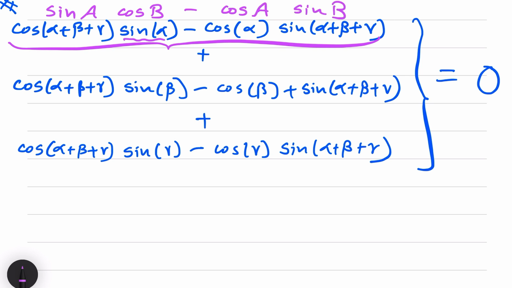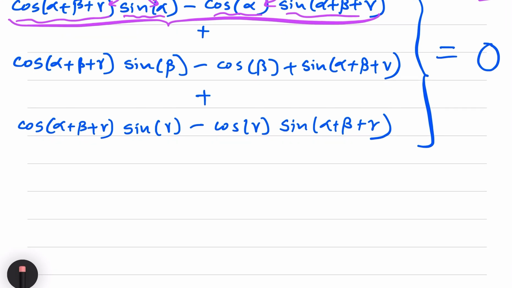See, sine A, cos A, sine B, and cos B. So what will it become? It will become sine of A minus B, right? Where A is my alpha and B is my alpha plus beta plus gamma.